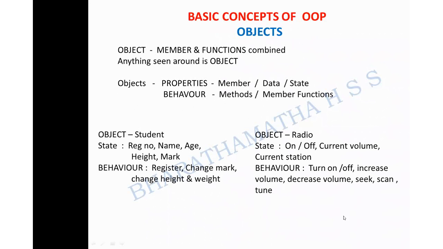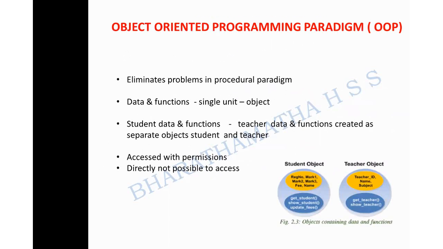So the basic concept of OOP is the object. I told you anything and everything that we see around is known as an object. Just moving into the previous example over here, this I told you, right?